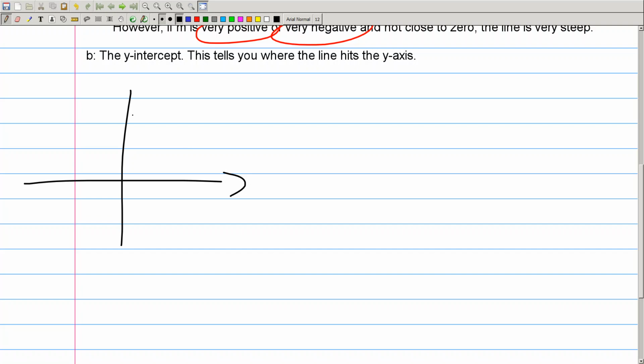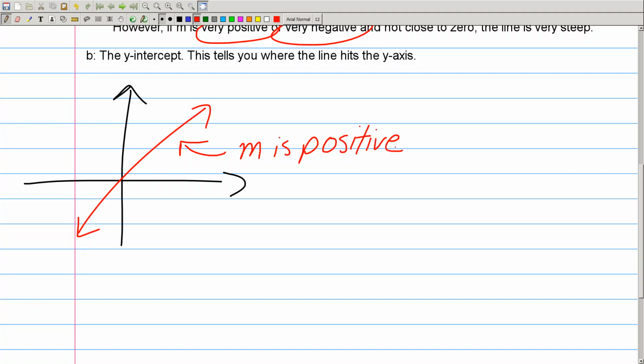What that'll mean is my line will rise to the right. So as you go more this way, y gets bigger. This means m is positive. The slope is positive, and not close to 0.